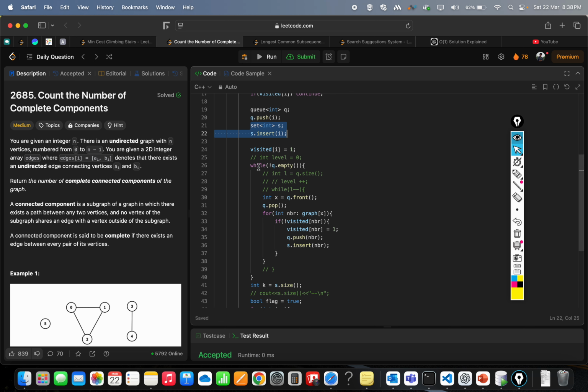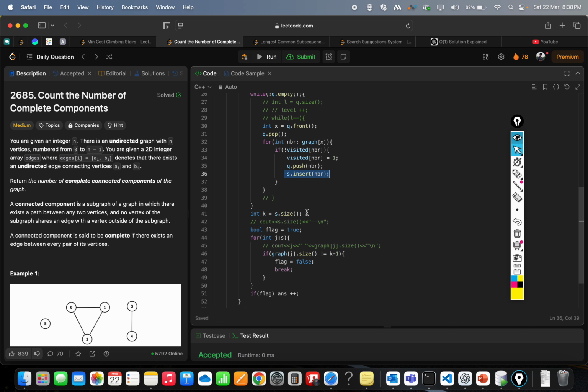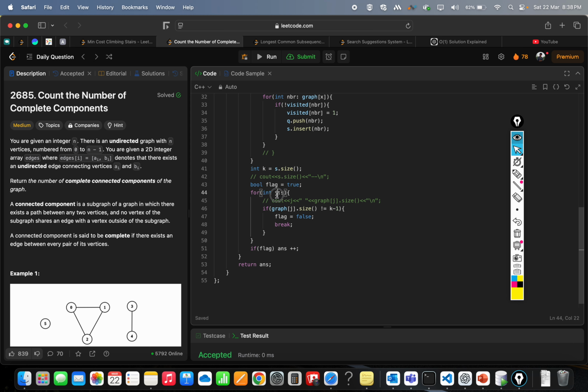Here we are inserting the nodes. After completing the BFS, k is the size of the set, that means k is the number of nodes inside the component. Now this is a flag which we are using for every node inside the set.